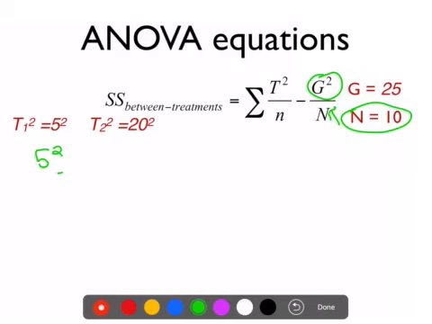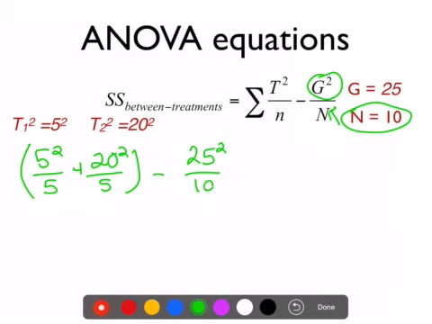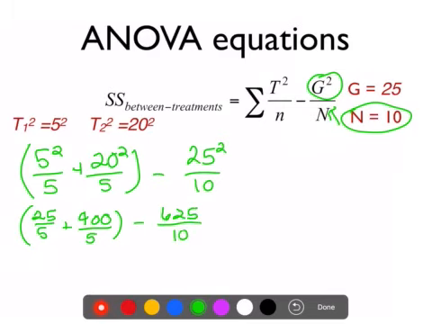So we'll do 5 squared divided by 5, that's still the same, plus 20 squared divided by 5, minus 25 squared divided by 10. We'll do the math on that bad boy, so we get 25 over 5 plus 400 over 5 minus 625 over 10, which is equal to 25 plus 80 minus 62.5.